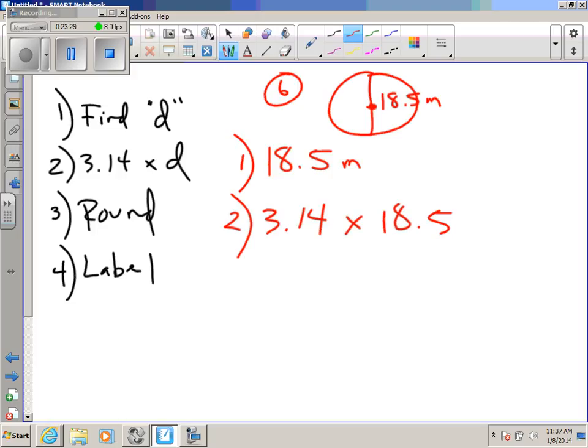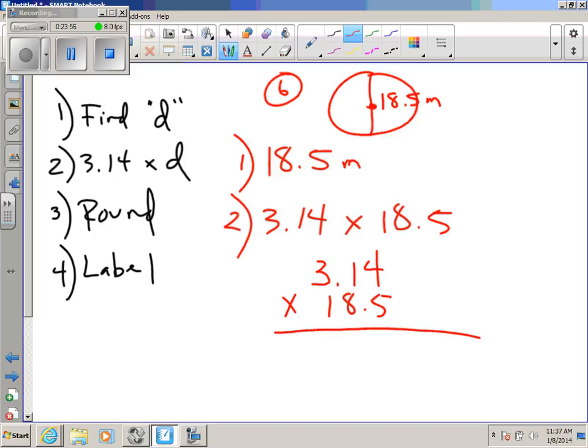Sure. 3.14, you can always round to 3. Now 18.5, which is close? How about just 20? Because 3 times 20 is 60, so we should get something in the neighborhood of 60. Do we have to line up the decimals when we multiply? Nope. Because we take care of the decimals at the end.